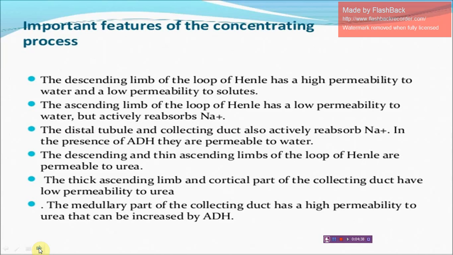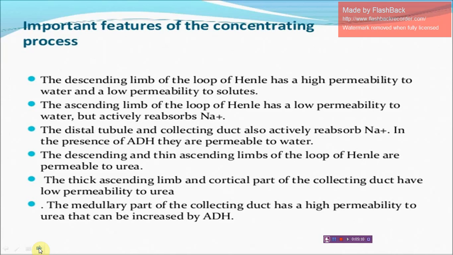Now the important features of the concentrating process. The descending limb of loop of Henle has a high permeability to water and a low permeability to solutes. The ascending limb of loop of Henle has a low permeability to water but actively reabsorbs sodium. The distal tubule and collecting duct also actively reabsorb sodium, and in the presence of antidiuretic hormone they are permeable to water.